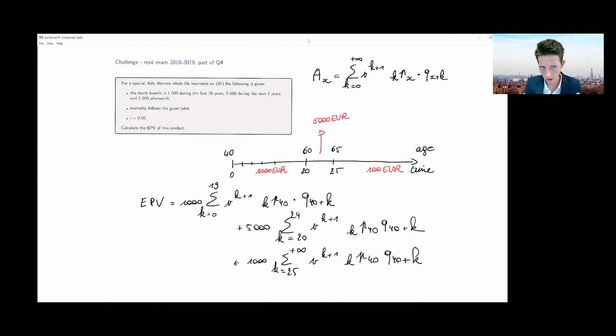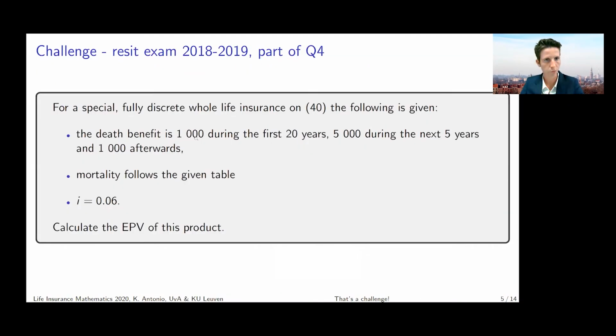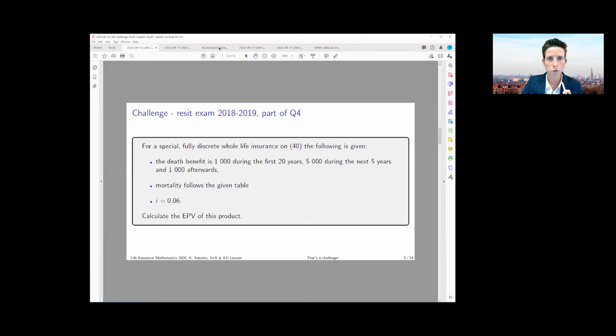So the only thing you have is this life table where you see the EPV of certain standard products being listed. And let me show you how that looks so that you can get a feeling of the kind of material that you would have at your disposal to answer this question.